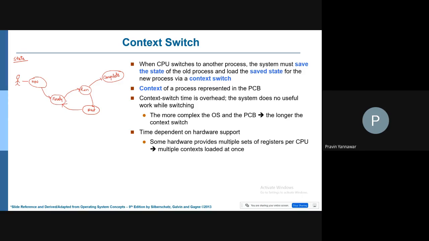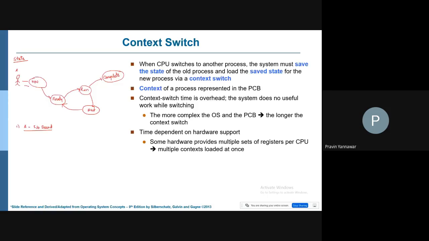Okay, so see, if this process A is IO bound. Okay, A is IO bound means what? A will shift from this place, right?